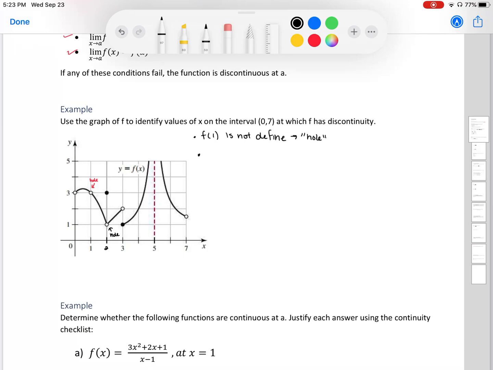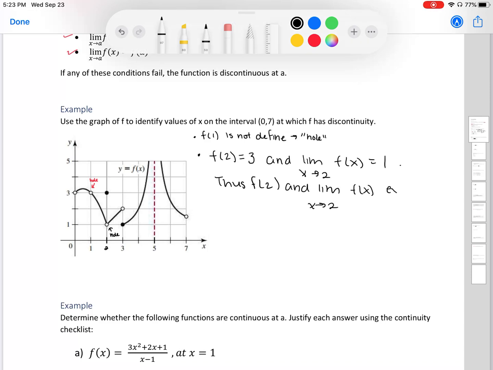So for f of 2, we have a value for it. It is 3. And the limit as x is approaching 2 of f of x, well, our function altogether seems to be approaching 1, where the hole is. Thus, f of 2 and the limit as x is approaching 2 of f of x exist, but are not equal.